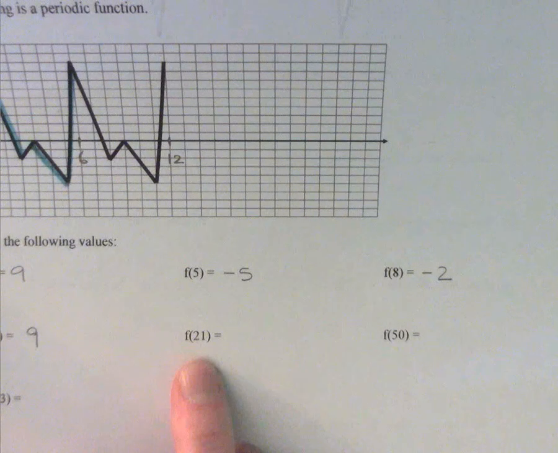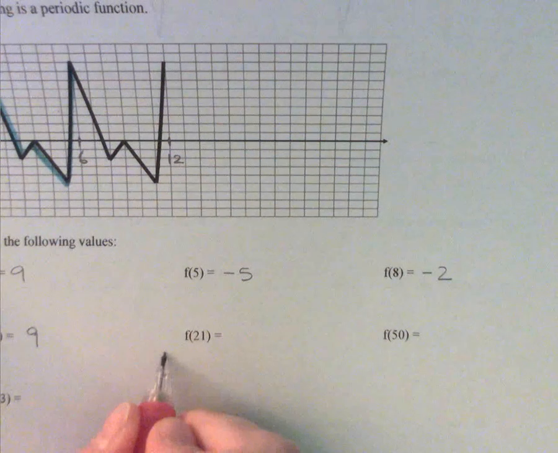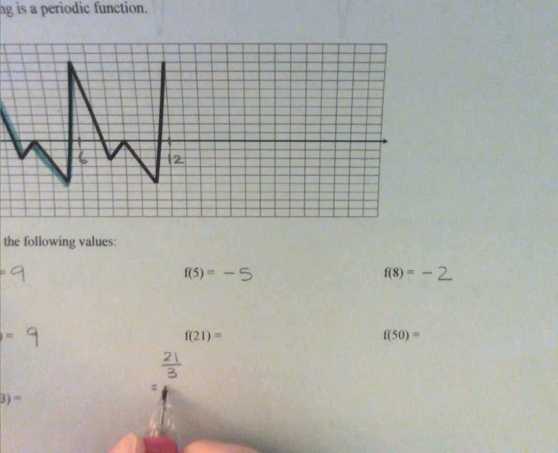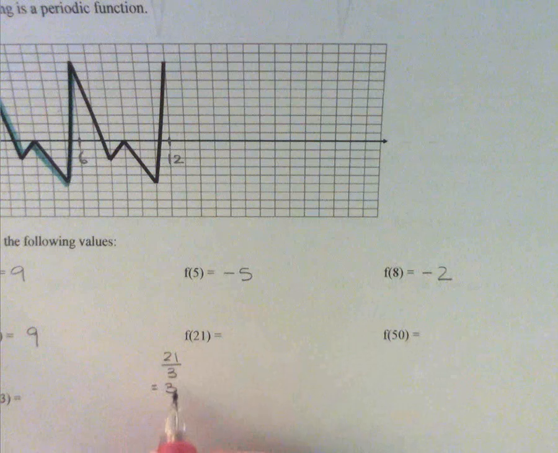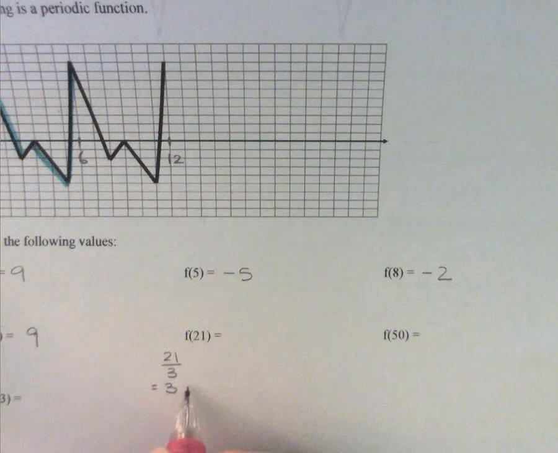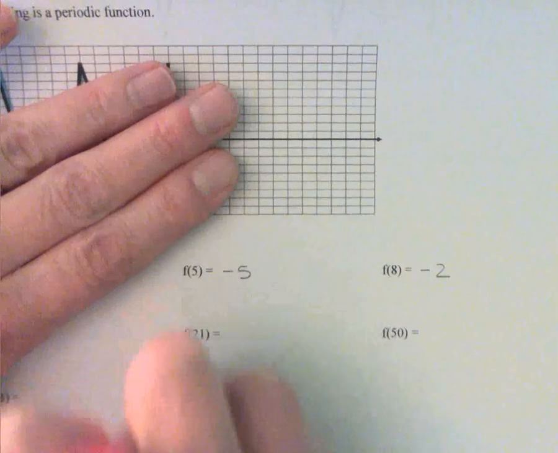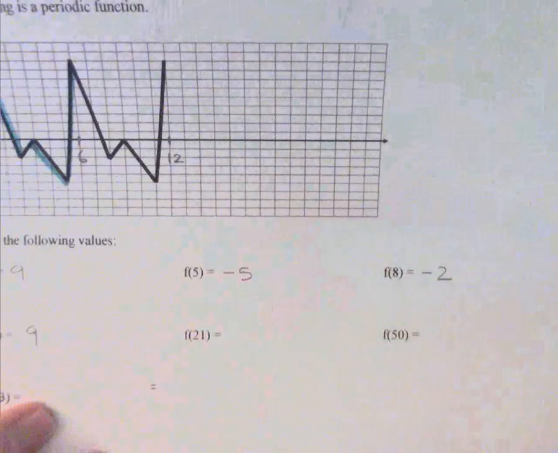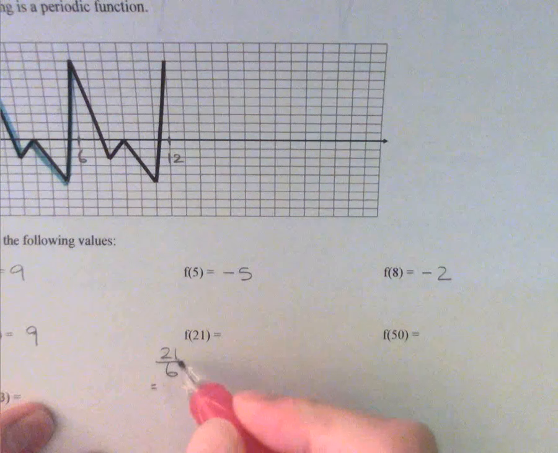21, well, a multiple of 3 is not of 6. So what I'm going to do is I'm going to say, well, I have 21 divided by 6.